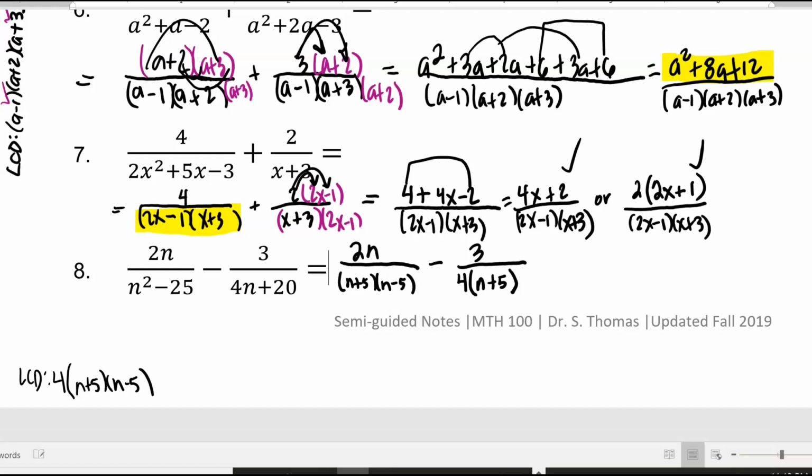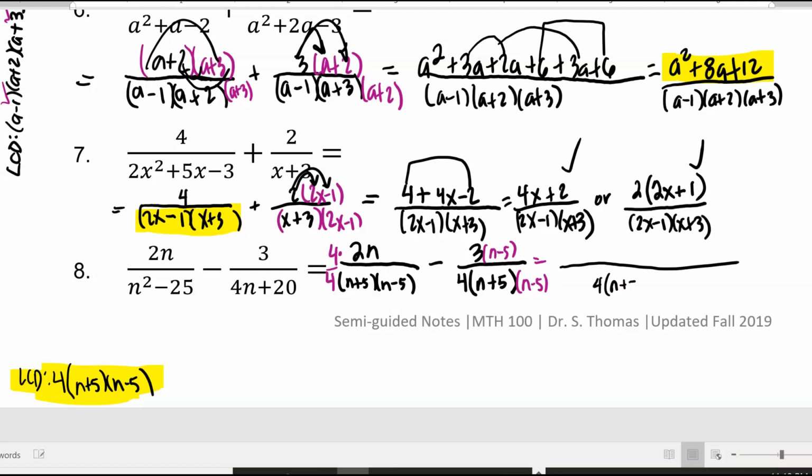If this is the LCD for this particular problem, what are we missing from the first denominator? We are definitely missing a 4 here, so we're going to multiply 4 top and bottom on the left side, and on the right side we're missing that n minus 5. All right, so we're going to combine our numerators.